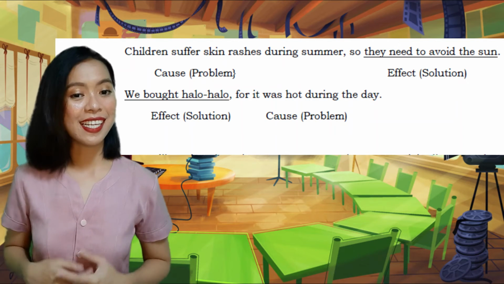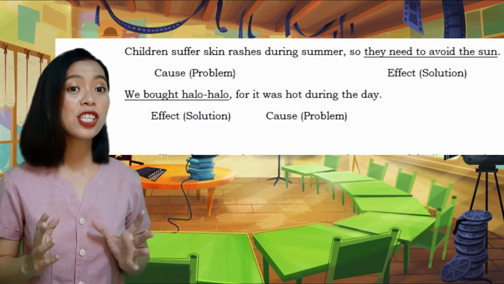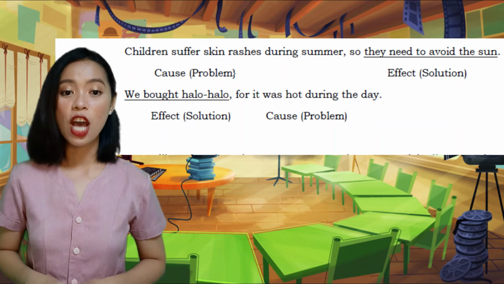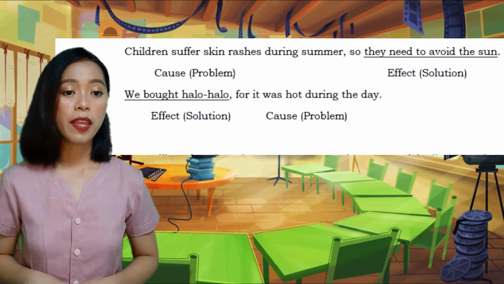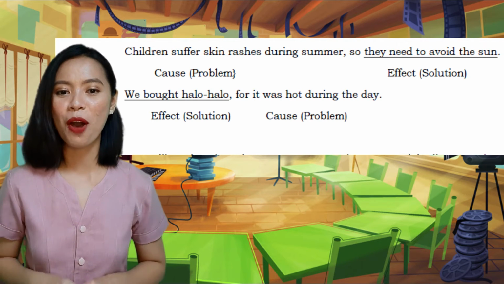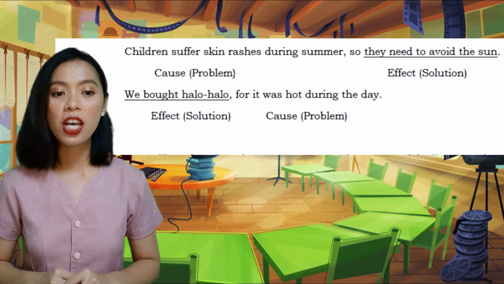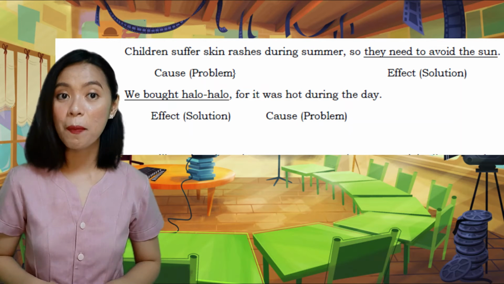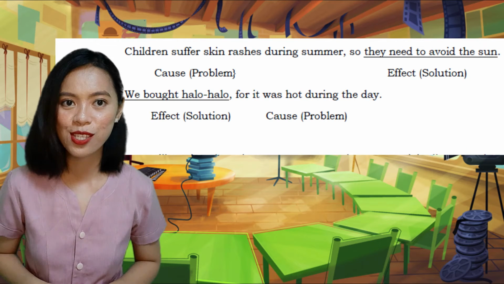You will notice that the two sentences above are originally examples of compound sentences showing cause and effect relationship. However, they are a special type of a cause and effect relationship because the cause happens to be a problem and the effect also happens to be the solution.